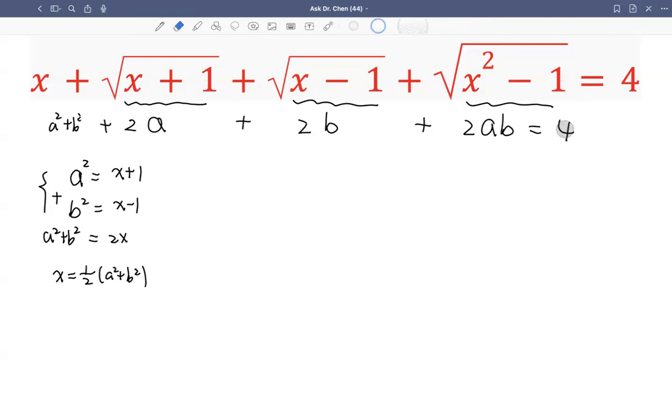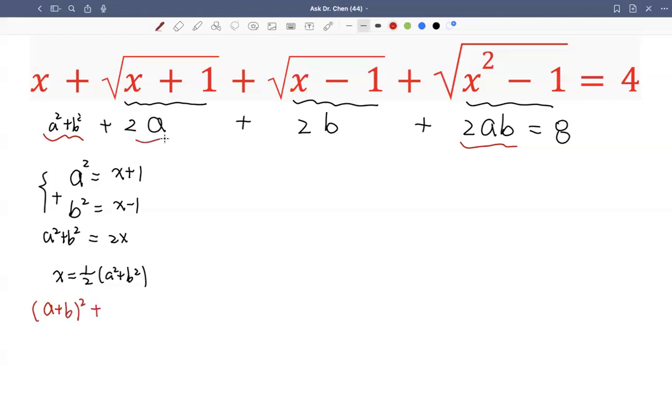Then 4 multiplied by 2 becomes 8. So now it becomes easier to deal with this. So a squared plus b squared plus 2a plus 2b plus 2ab. Well, you see this is a perfect square: a squared plus b squared plus 2ab, that's a plus b squared.